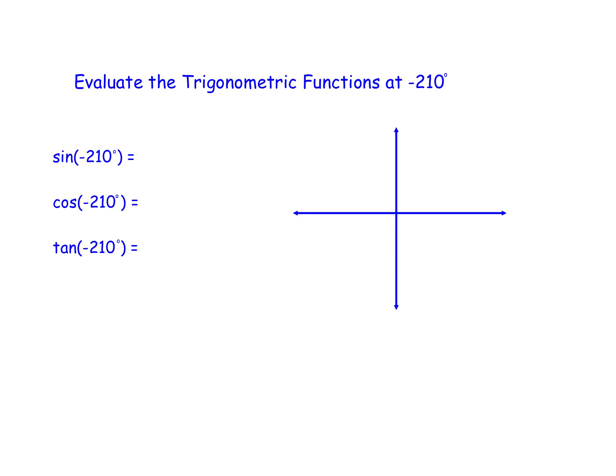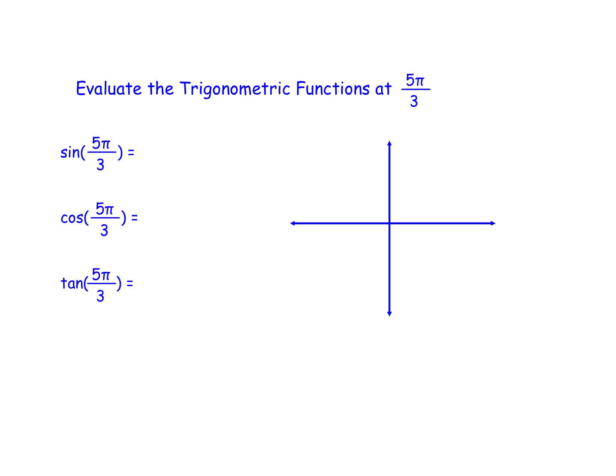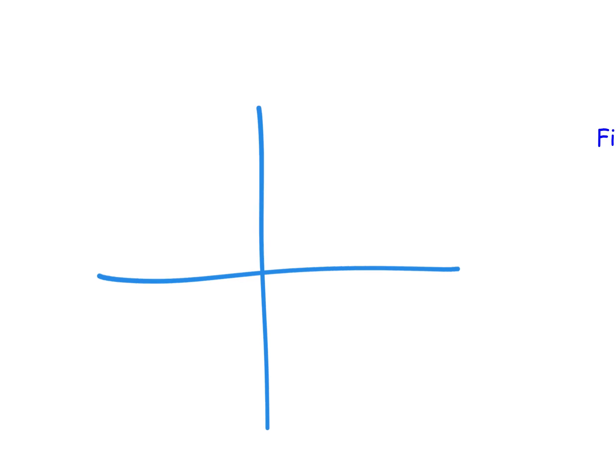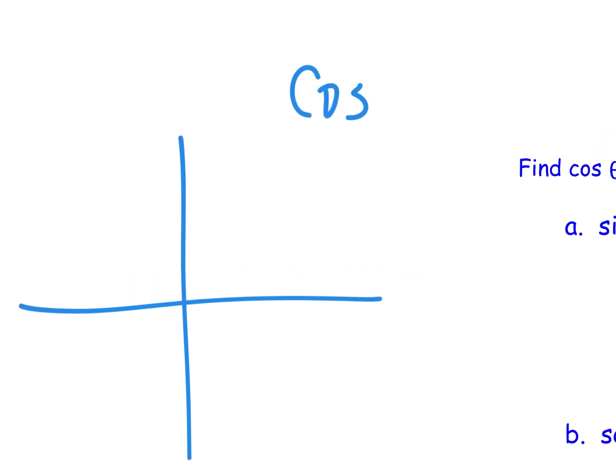Not that one. I want to do a quadrantal one. I'm going to make my own. So everybody just go off to the side, and I want you to do cosine of 3 pi over 2. But there's no numbers.